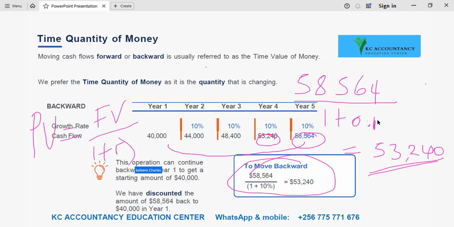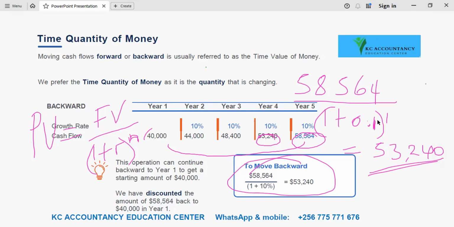Remember, it is always to power n, but here we are moving only 1 year, so even if you raise it to power 1, it will still give you the same answer. That's why I'm not putting in these numbers, because n represents the number of years.